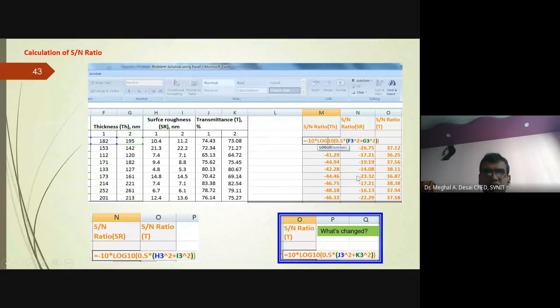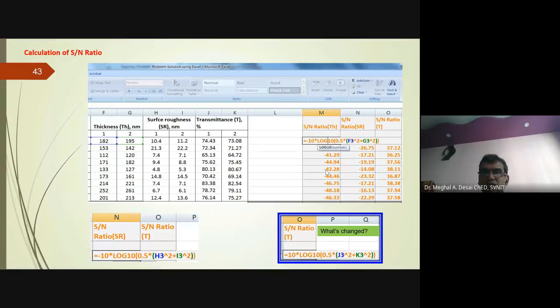So as we know the equation for surface roughness, since smaller the better requirement is there, then minus 10 log 10, again that equation is readily available in Excel, multiply with 0.5. The reason we are repeating each experiment two times, this one. Okay, we are repeating equation twice. Okay, and then it's square. Okay, if it is transmittance, that means this one.